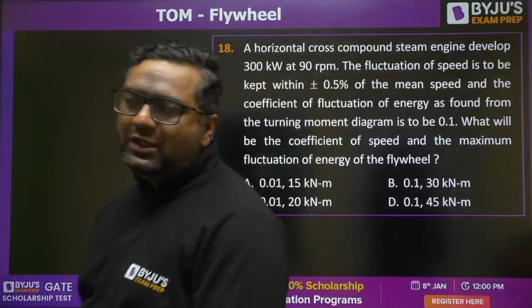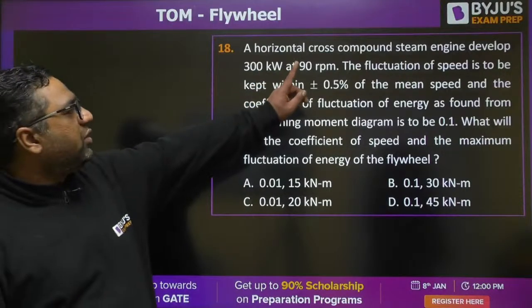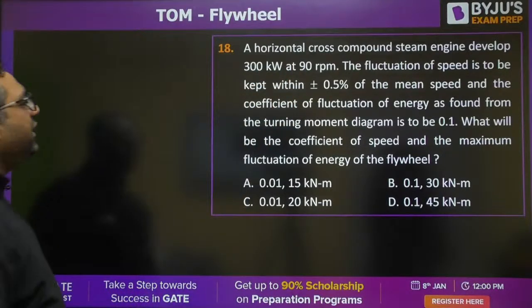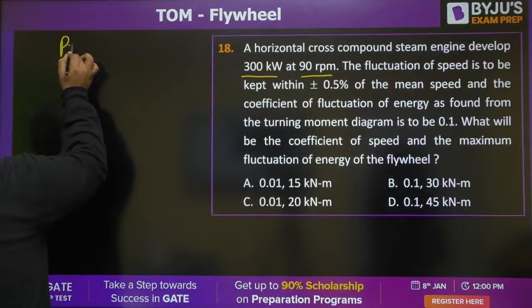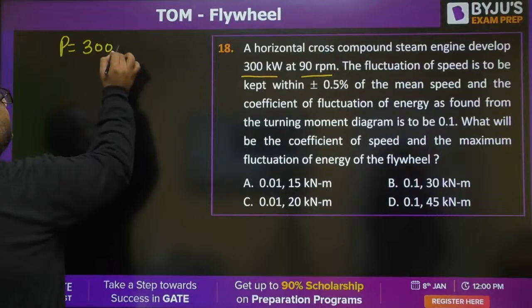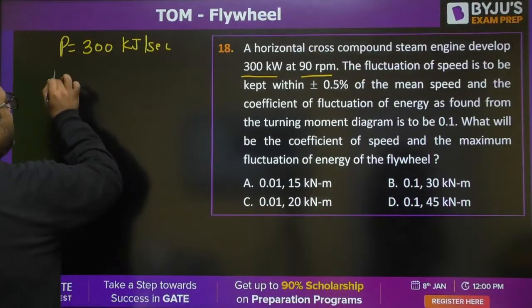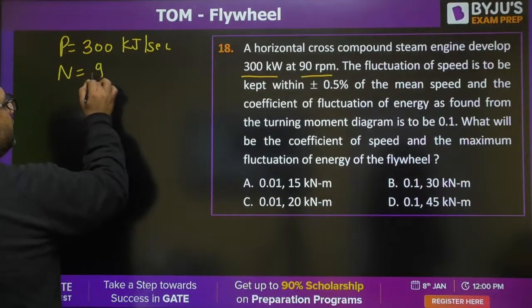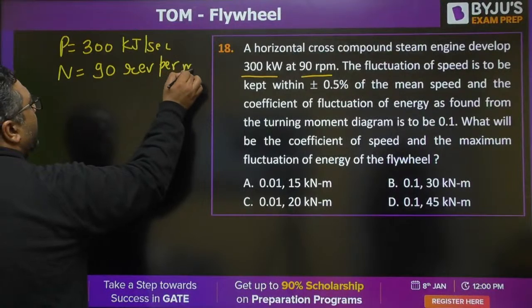Okay. So this was for the checking of all the concepts. A horizontal cross compound steam engine developed 300 kilowatt at 90 rpm. So we have power 300 kilojoule per second and rpm is 90 revolution per minute. Why I am writing this?